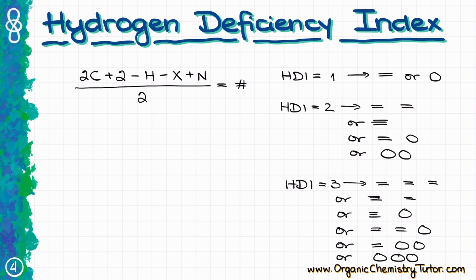As you can see, the variability of your possibilities grows exponentially with each degree, but this is a useful piece of information when we are trying to come up with the constitutional isomers, as this tells us right away what type of structural features we should expect in our molecule when assembling the initial skeleton for the structure.